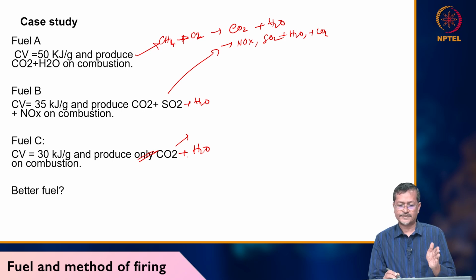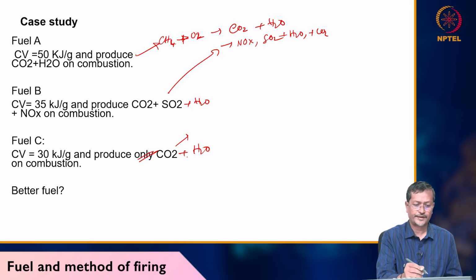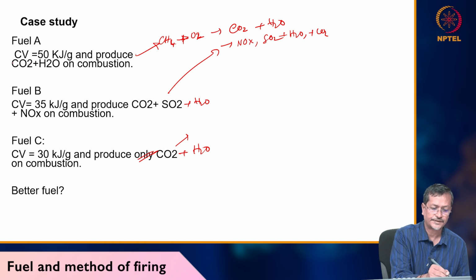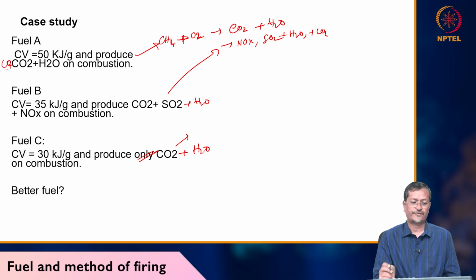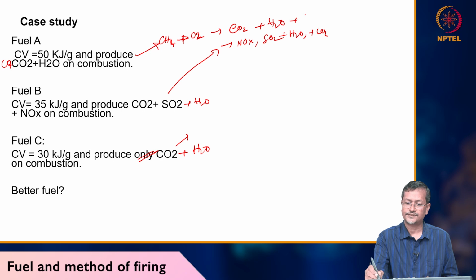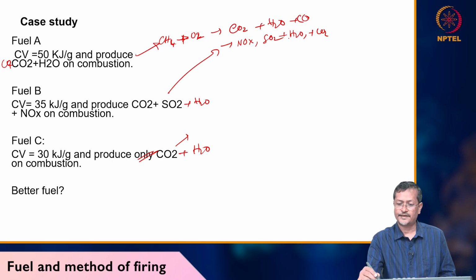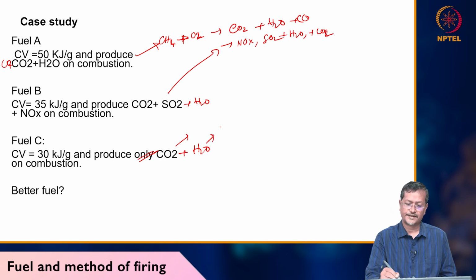Okay, in one case, just some mistake is here, let's say CO. In the first case I am getting CO plus CO2 also. In the second case I am getting NOx, SO2, H2O, CO2. In the third case I am getting CO2 plus H2O.